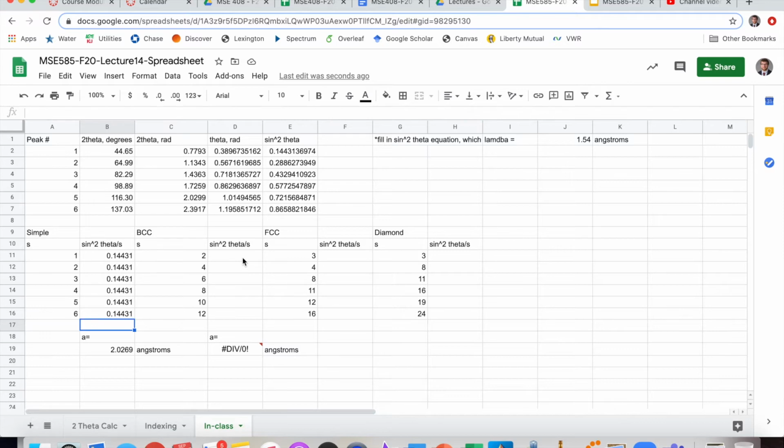And since we have this spreadsheet, we might as well fill everything out. So why don't I go ahead and do the same thing, assuming that it's BCC, taking the same sine squared theta value up here and dividing it by the S values for BCC. And again, continue this for all the peaks. And the same thing for FCC.